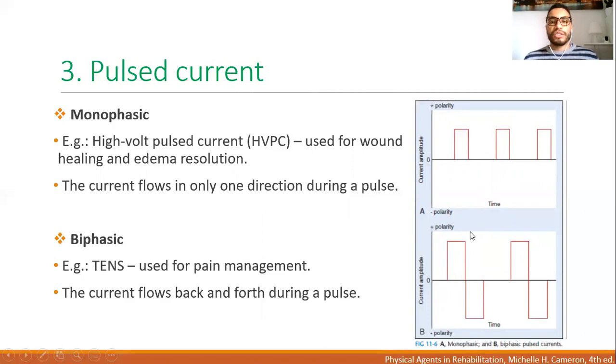So one pulse and a phase is here, the total. And biphasic currents are mainly used for analgesia. So TENS is the most used biphasic current for pain management.